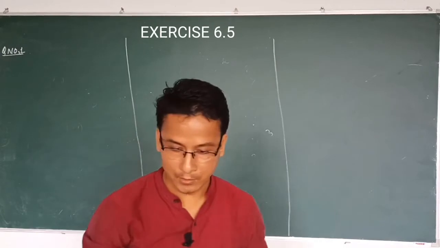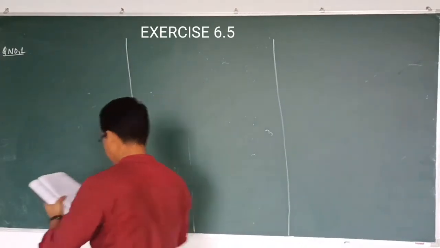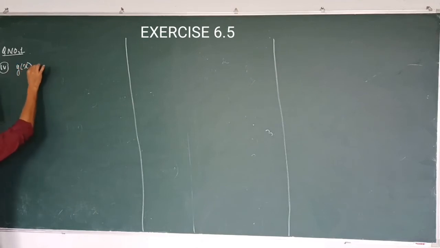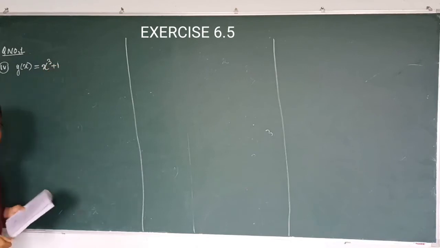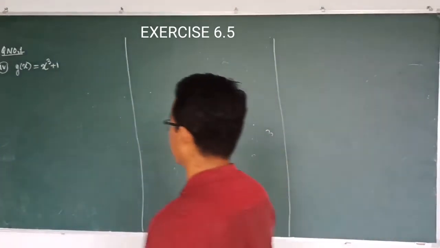Roman number 4. The function is g of x. g of x is equal to x cube plus 1. This is our function. So similarly, what can we do?